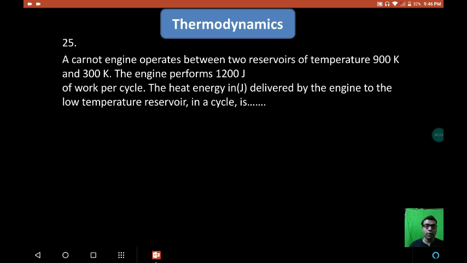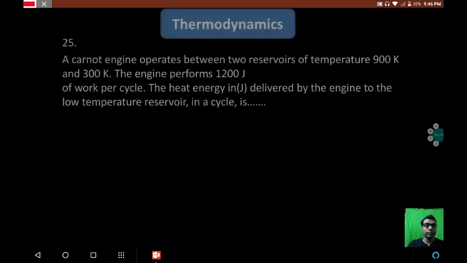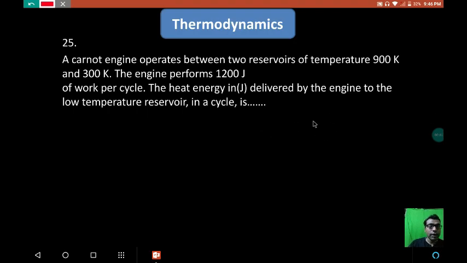As we know about the Carnot engine, it has two temperatures, the source and the sink. This is the heat engine, and this goes to the sink.